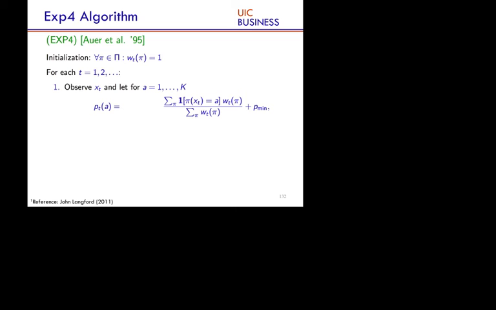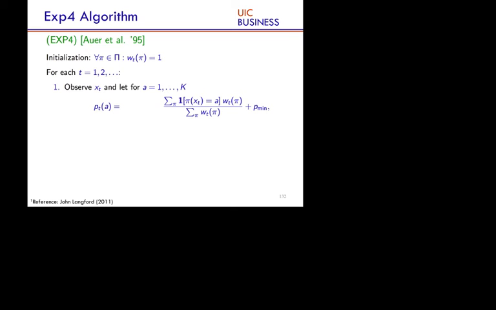How would the distribution over actions look? It's basically a sum. Let's look at the first term. The numerator is going to be the weight over each policy such that the policy suggests a particular action. So fix an action a. I want to collect all the policies which recommend this action.